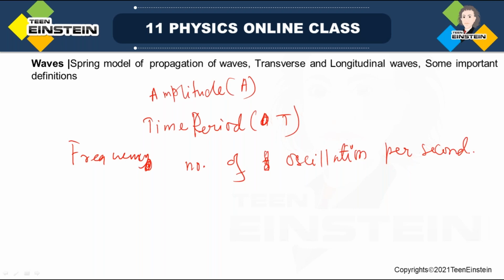Number of oscillations per second is called frequency, and frequency is denoted by nu, and time period and frequency have a relationship.